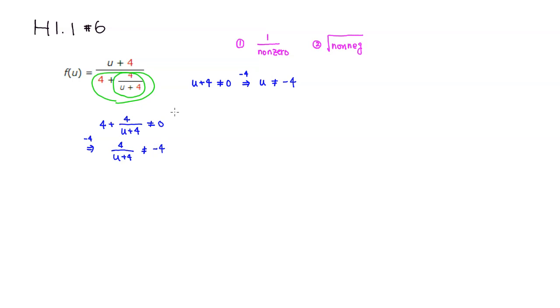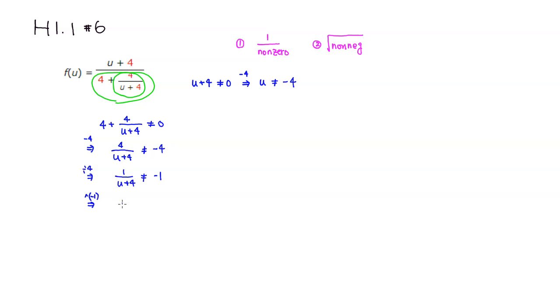Since both are multiples of 4, I'm going to divide through by 4. I like smaller numbers. Dividing by 4, you get 1 over u plus 4 cannot be equal to negative 4 divided by 4, which is negative 1. Then we can take the reciprocal, which is the same thing as raising to the negative 1 power.